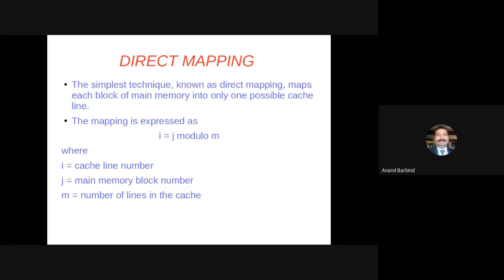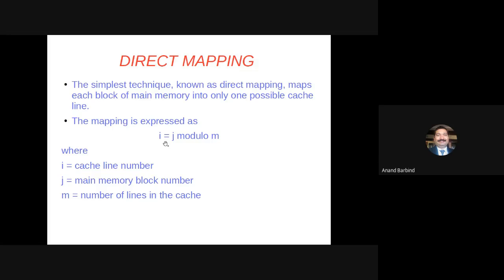The first mapping function, which is the simplest technique, is the direct mapping function. It maps each block of main memory into only one possible cache line. There are a number of cache lines, and where a particular block is to be mapped is fixed. This mapping is expressed as i = j modulo m.